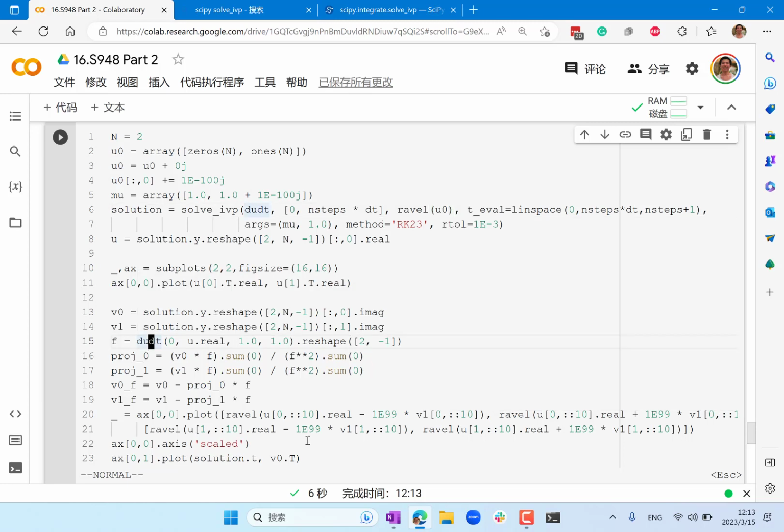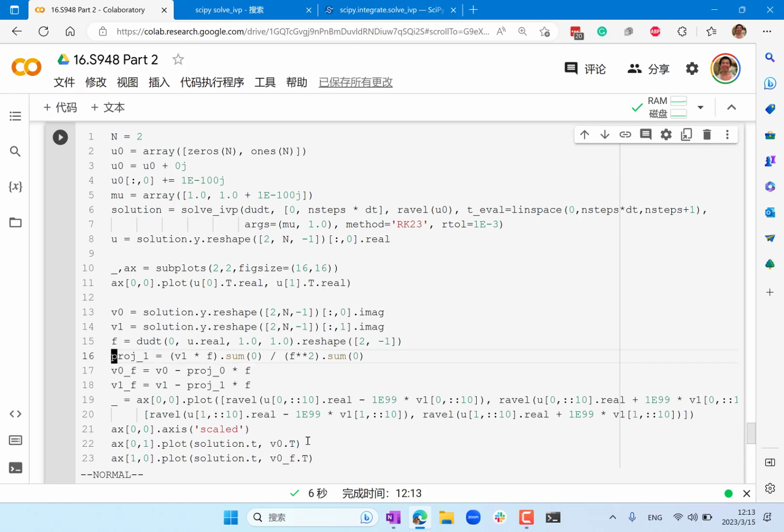Okay, so let's say I'm projecting out with the f, which should be v1 times f by this, right? And my v projected out with f should be v1 minus the projection onto f, and then my projection with v0 should be this, replacing f by v0, the homogeneous solution.